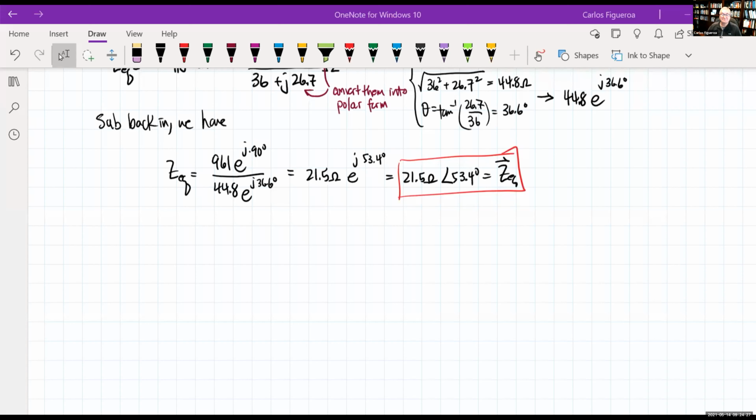And we haven't even applied the current divider rule to this yet, or tried to calculate the current. It's a painful process. Okay, now that we've seen the first one, let's go to the next one.